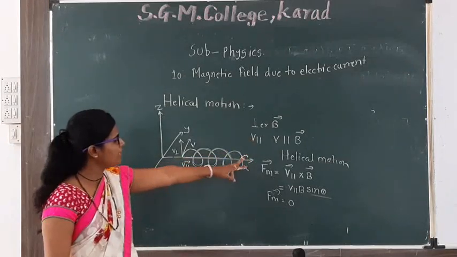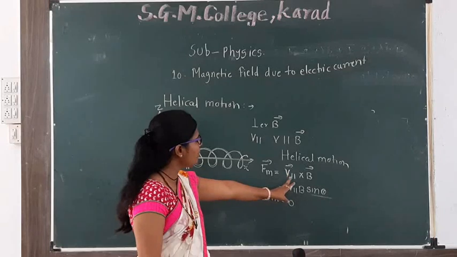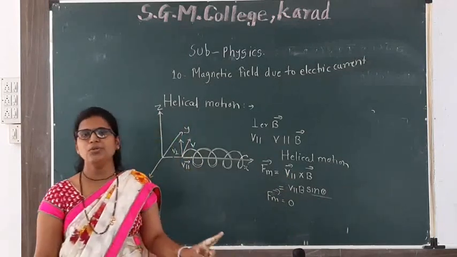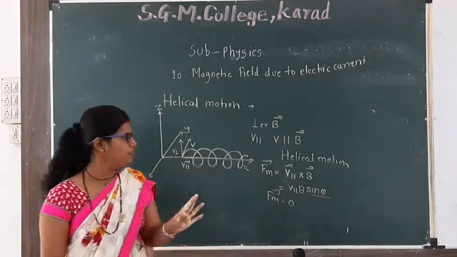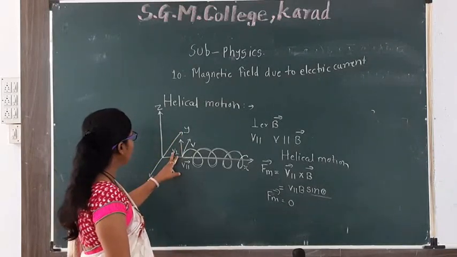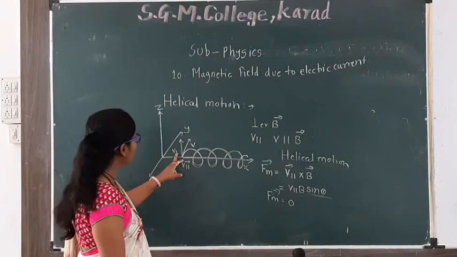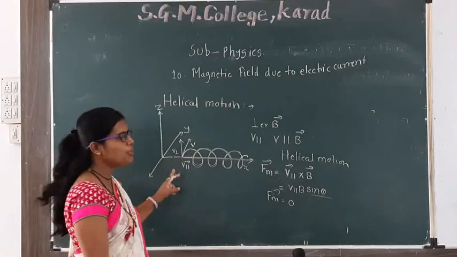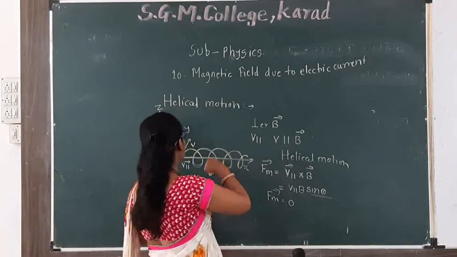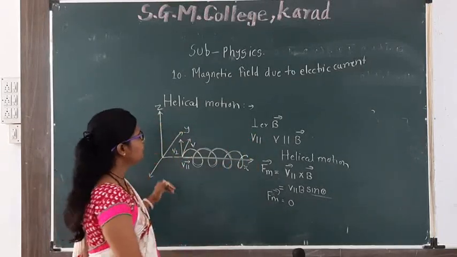By this equation we can say that the parallel component of velocity leads to the helical motion, and the other component is the perpendicular component of velocity. The perpendicular component of velocity leads to the circular path. Last time we saw that it leads to which motion?